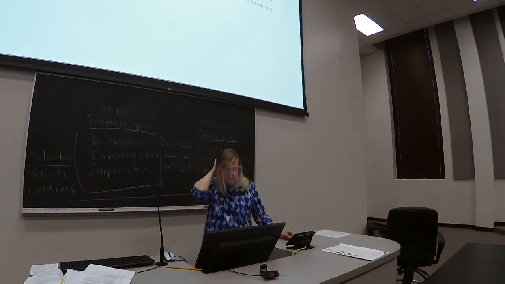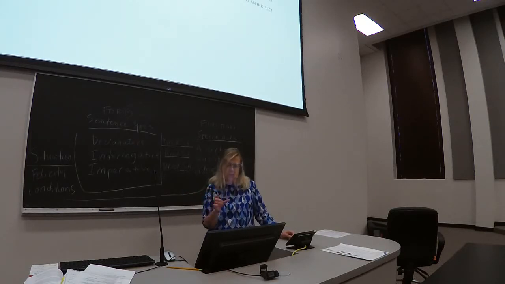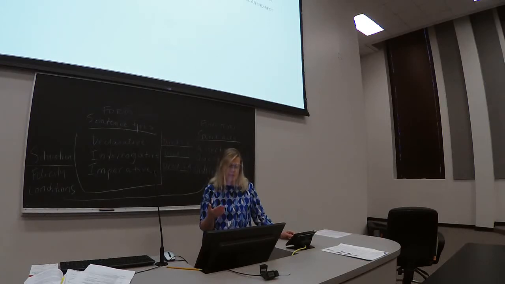So 5 is an interrogative sentence, still an indirect speech act, because you're not really asking the person if the person knows, but you want the information. The same thing with 6. Could you tell me if Kim married Lee? This looks more direct.